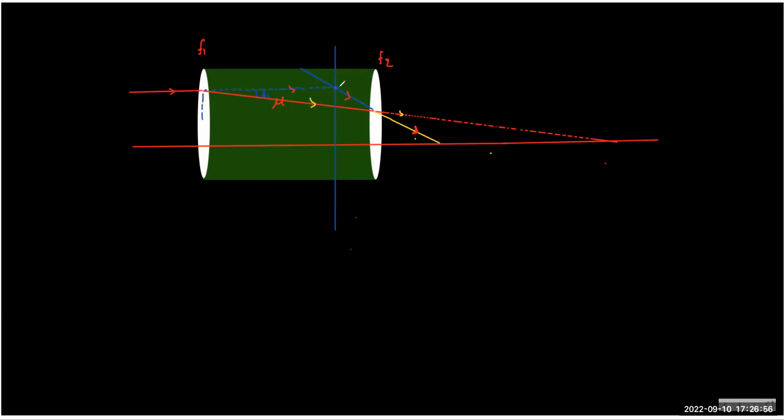So first deviation, this is the total deviation, this is the second deviation, this is also second by opposite angle property, and this is T.